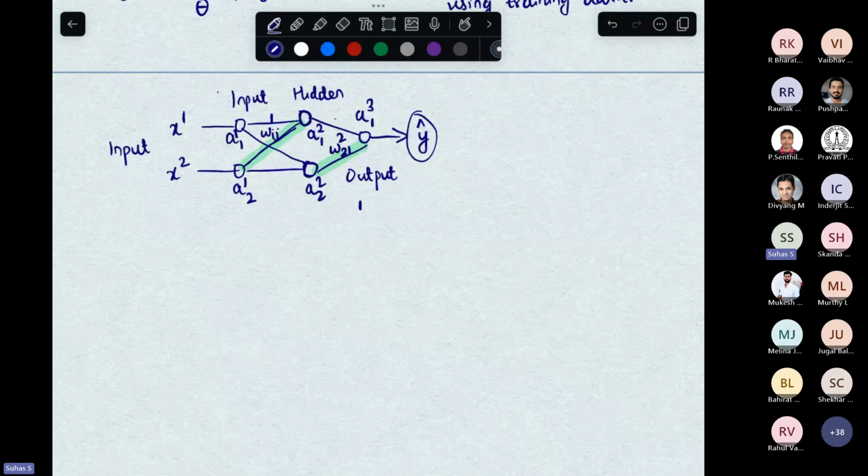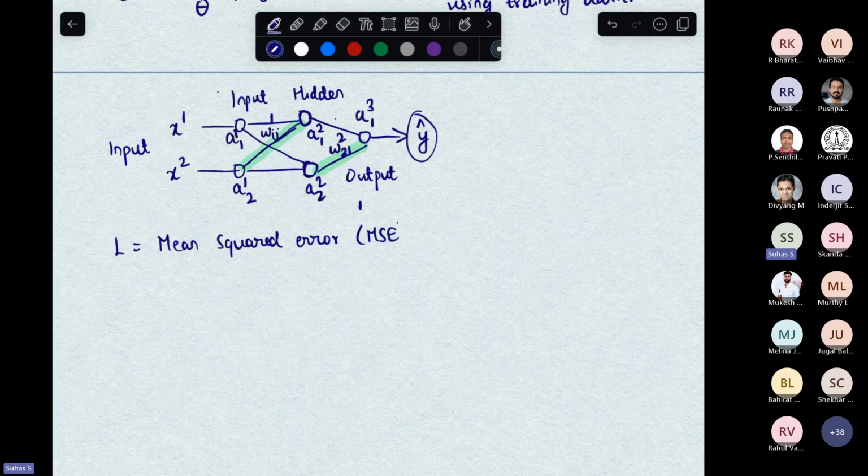One of the most common loss functions is the mean squared error, or MSE in short.